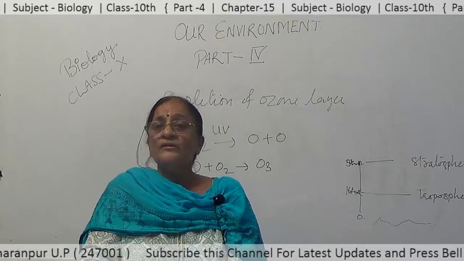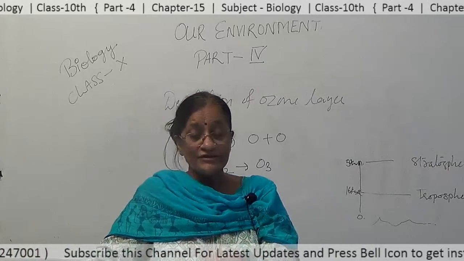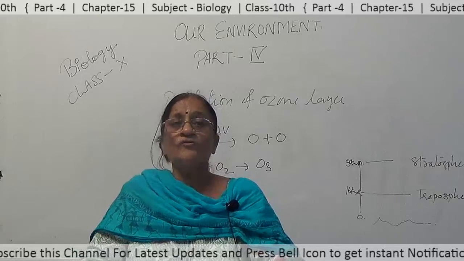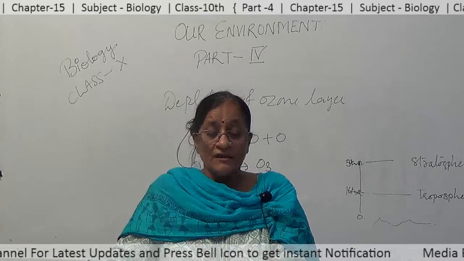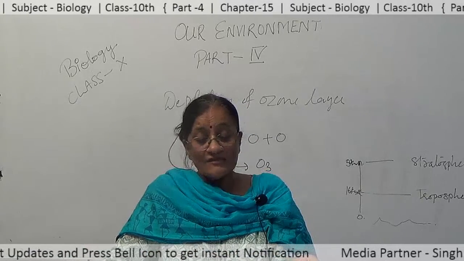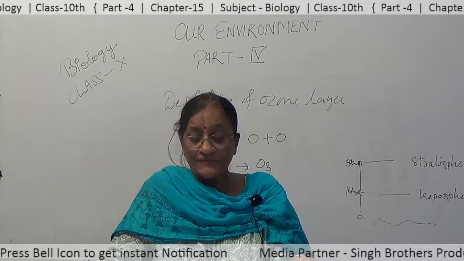So, the ozone layer protects us from ultraviolet radiation, but the formation and breaking down of ozone is a continuous process, and until recently this process has been in a state of natural balance.